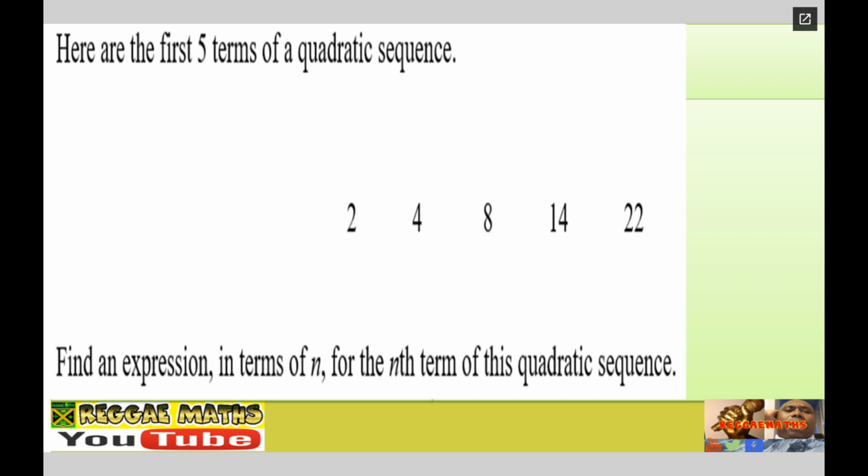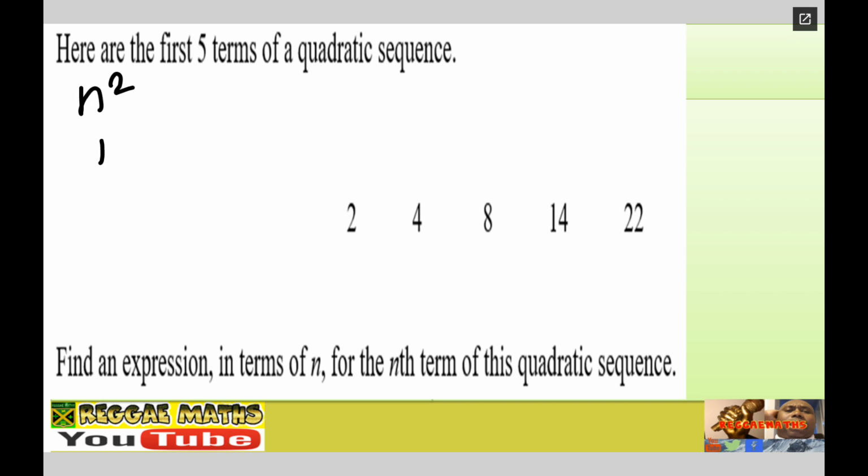Okay, looking at the next question here. It says find the nth term in a quadratic sequence. So anything to do with quadratic, you've got n squared.